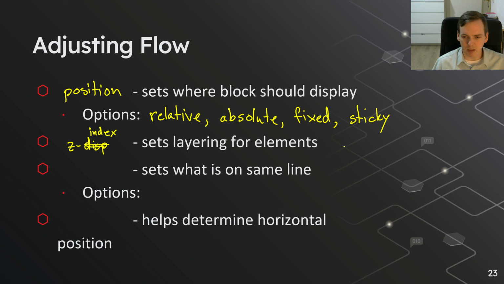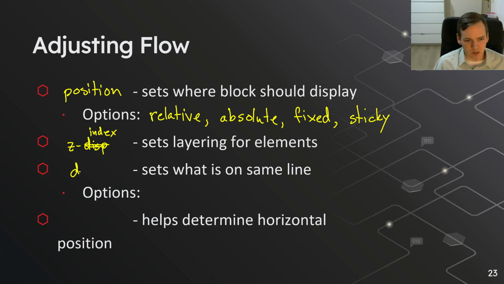So if you've got something with a Z-index of 1, it will cover up something in the same position that has a Z-index of 0. So if you think about stacking papers or layering papers on top of your computer screen, the more layers away from your screen it is, or out of your screen, that's the higher Z-index.